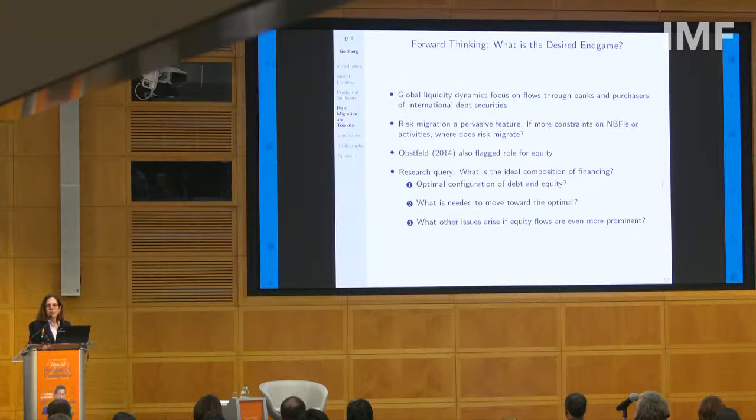And then, if you get to a place where equity flows are even more prominent, what other types of issues will arise in terms of vulnerabilities? So I think this is something to think about going forward.